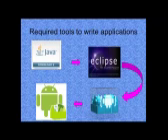Required tools to write applications. For Android development, you can use either a Windows PC, a Mac, or a Linux machine. All the tools needed are free and can be downloaded from the web. The Android SDK makes use of the Java SE Development Kit, JDK.